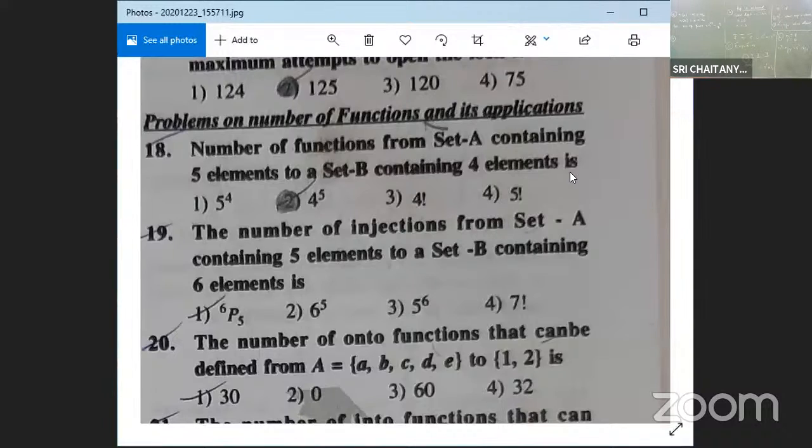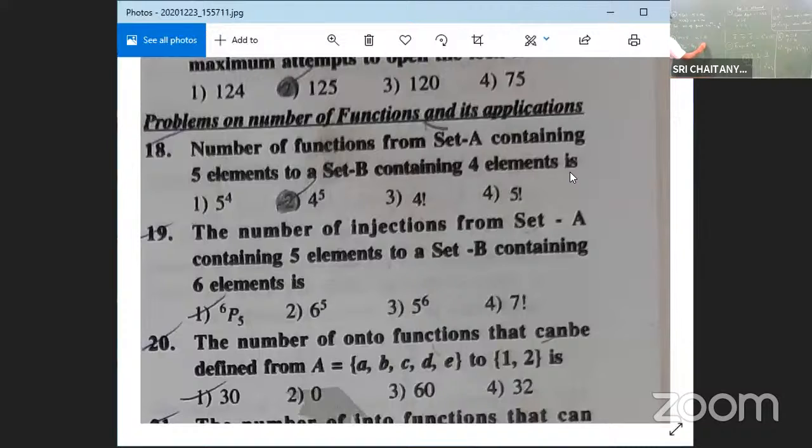See that 19th problem on the screen. The number of injective functions or injections from set A containing 5 elements. m is equal to 5, n is equal to 6, right? Therefore, nPm, which is equal to 6P5.